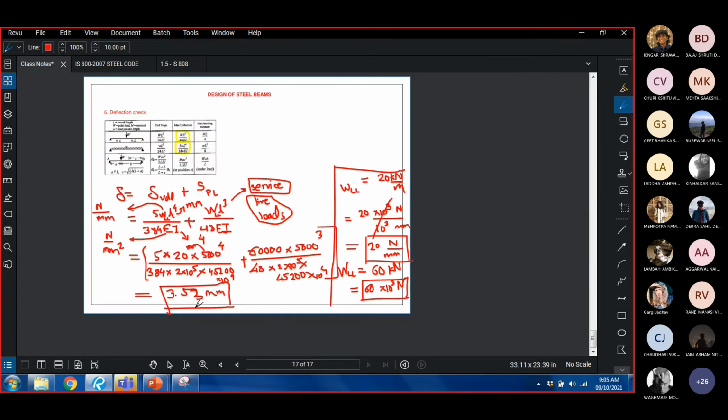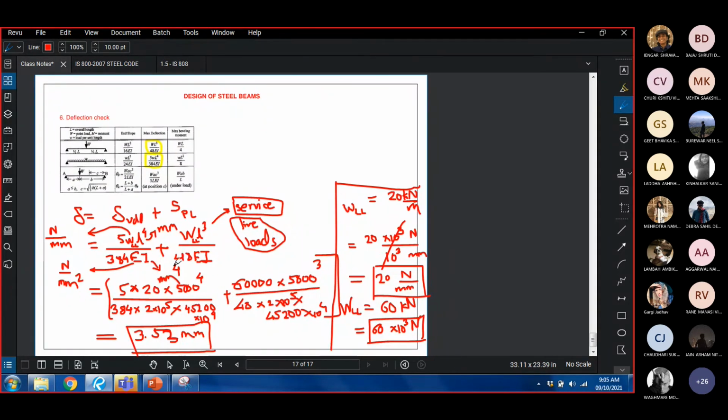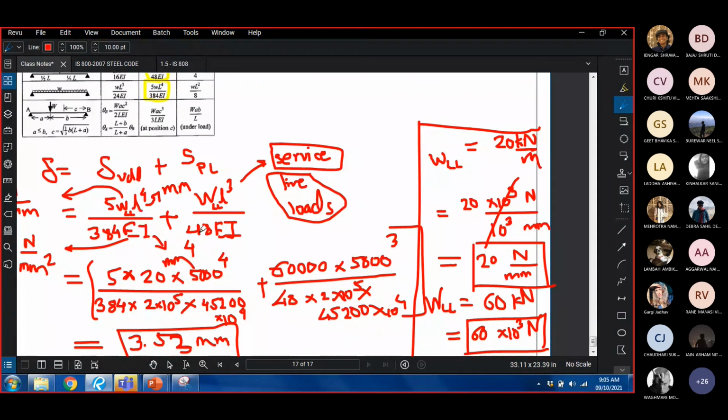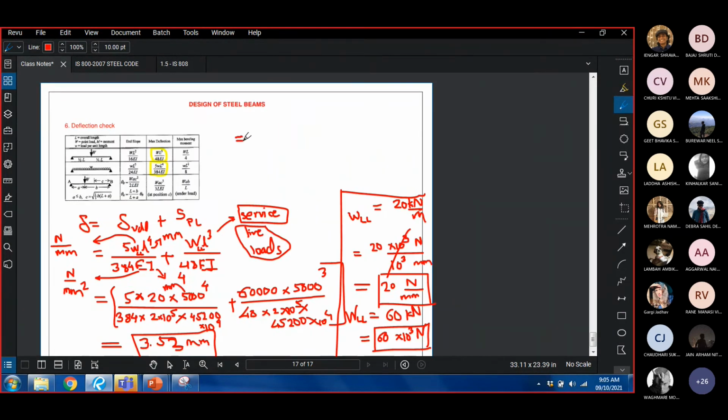You can make your life easier by taking a step forward. What you can do is you can just take 1 upon EI as common, so you can rewrite this as L cube upon EI. We've taken this common outside.